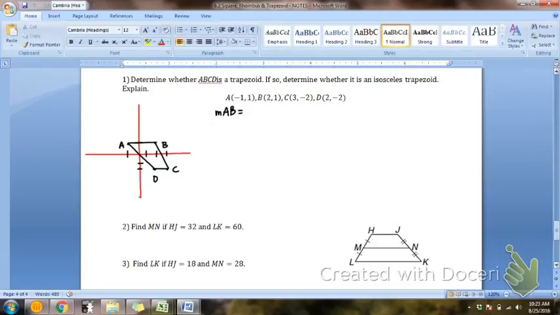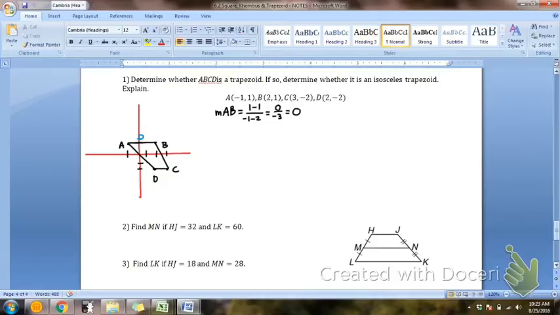Put your y's on top. I'm getting our slope to be 0 for AB.